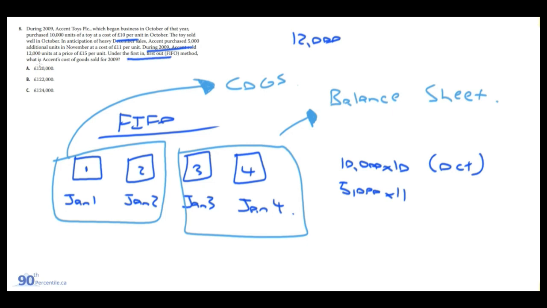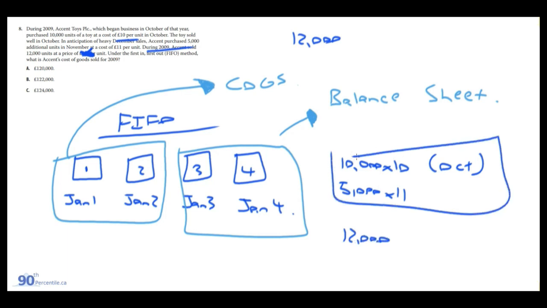Under the first in, first out method, what is their cost of goods sold? So we don't really care about this sale price, right? We're just worried about cost of goods sold here. So we sold 12,000, right? I'll bring this down here. We sold 12,000 and we had 15,000.